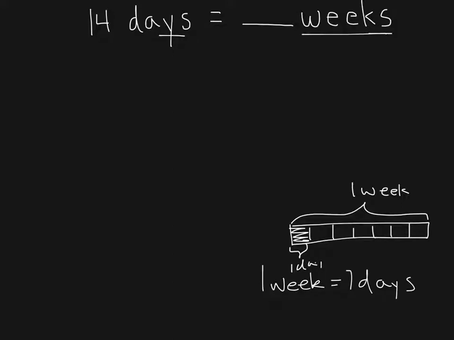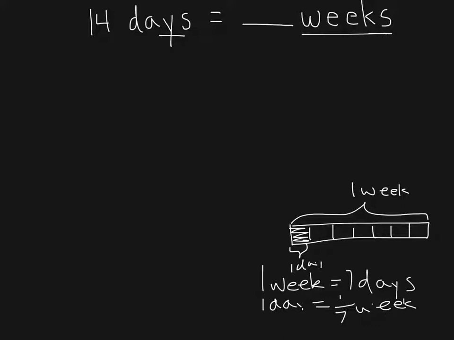And so what that means is that 1 day is the same as 1/7 of a week, because it's one of 7 equal parts in a week. So if I wanted to flip this around, 1 week equals 7 days. 1 day equals 1/7 of a week.